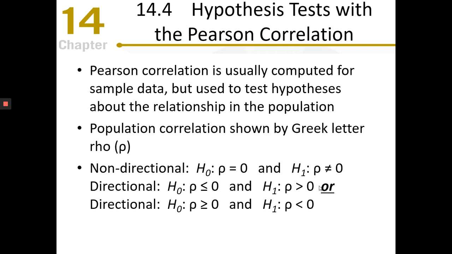However, if we have a directional one where we think we have a positive correlation, then our HA would be the correlation is greater than 0, and our H0 should be the correlation is equal to 0 or negative. And vice versa. If our alternative hypothesis is that there's a negative correlation, our H0 is the correlation is equal to 0 or is greater than 0. Because if it's a positive correlation, then we for sure are wrong in our HA if we said it's a negative correlation. So again, you don't need to state these. This is just what's happening in our hypothesis test.